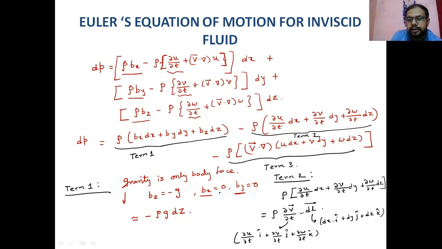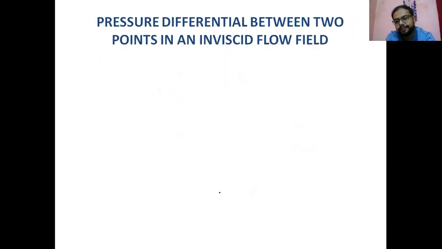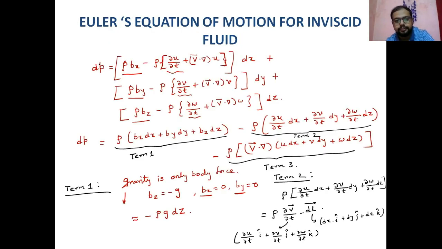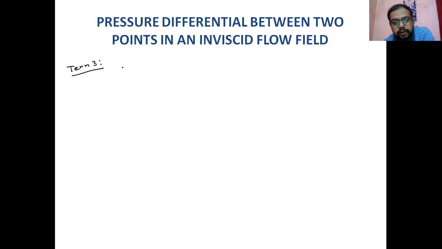Now about term 3, we are going to discuss. So term 3, I am rewriting here first. Term 3 is rho, v dot del, u dx plus v dy plus w dz.